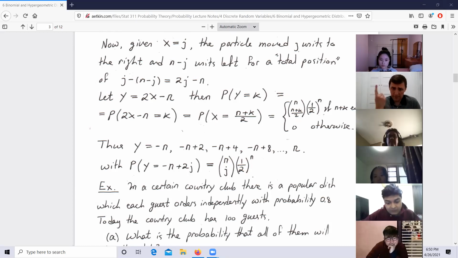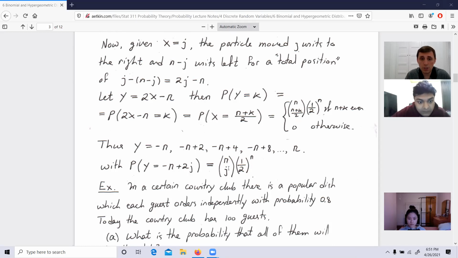Because we have a fully random motion, if they were not equal, then we can make that adjustment easily, right? Because it's fully random motion, the probability that I'm at location minus n plus 2j, where j is bigger than or equal to 0 and less than or equal to n, is simply n choose j times 1/2 to the n. Wonderful.